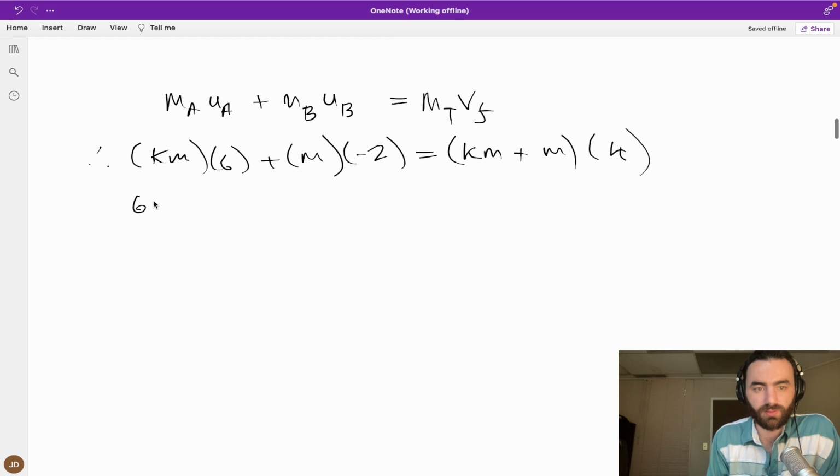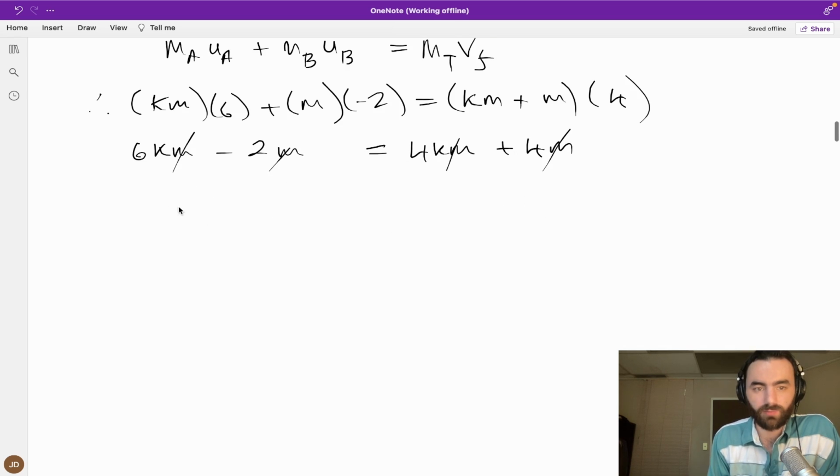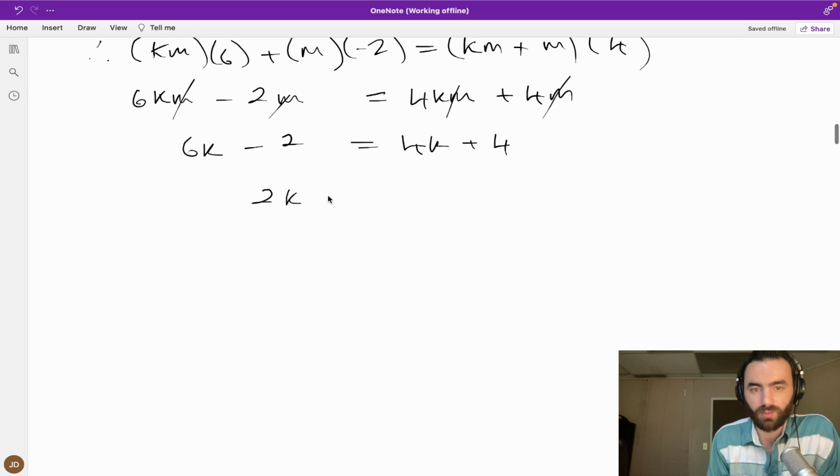This will give us 6km minus 2m equals 4km plus 4m. The m's will all cancel. Divide through by m, so we get 6k minus 2 equals 4k plus 4. Take that over, we get 2k equals 6. So therefore, k equals 3.